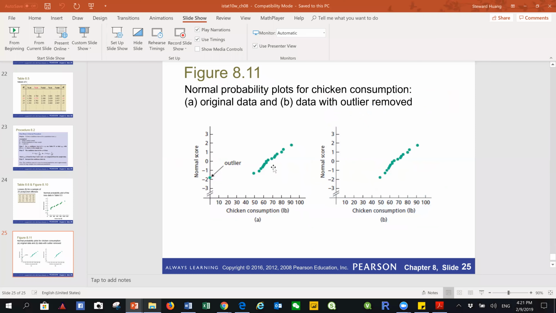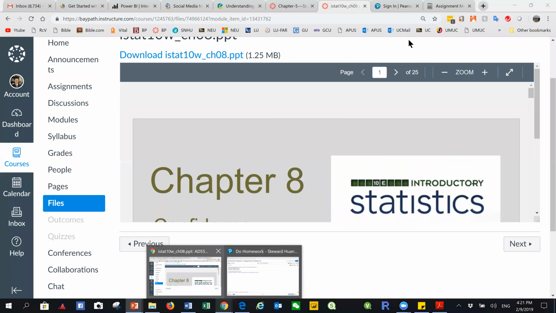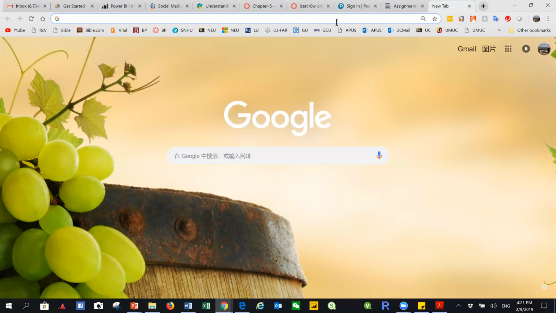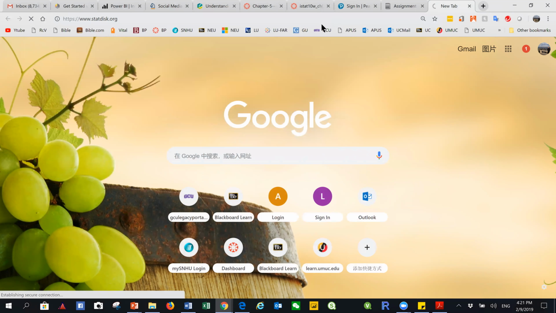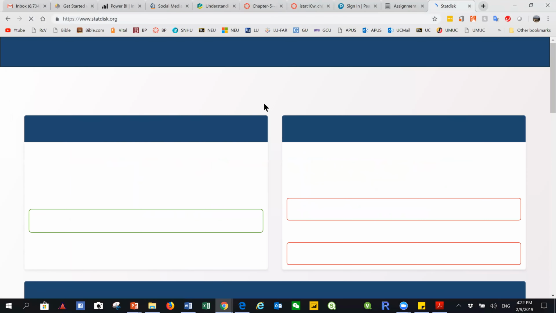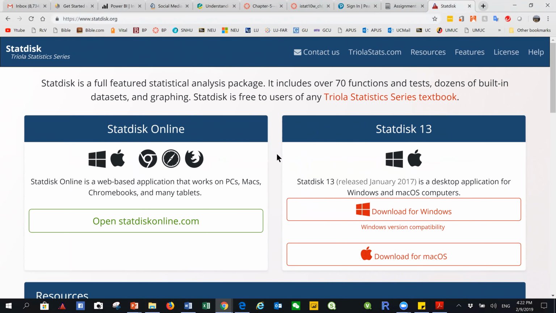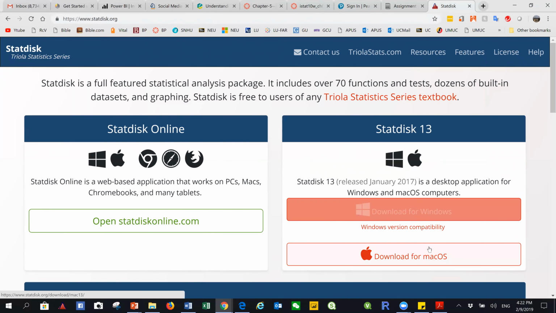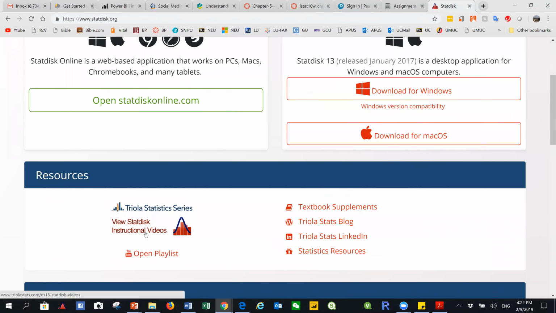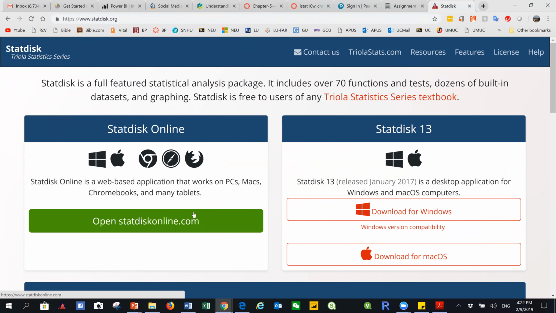Okay, so basically, this is the content of the lecture part. Let me introduce you to StatDisk. Type statdisk.org, and you'll see this, and you download for Windows or Mac OS. Or if you don't want to download, you can open an account and use the cloud version.